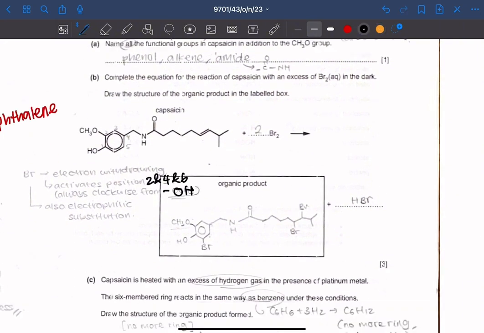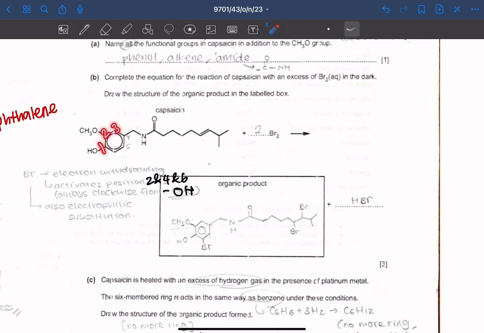Complete the equation for the reaction of capsaicin with an excess of Br2 aqueous in the dark. Draw the structure of the organic product in the labeled box. So OH activates positions 2, 4, and 6, and the OH in the benzene takes priority in where to first start counting, and it's always clockwise from the OH.